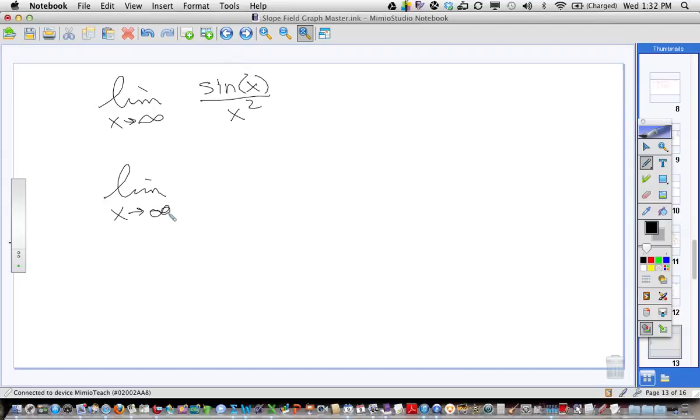What about that one right there? You can't just do something with powers, right? And there's no algebra that we could do to simplify that, right? We can't talk about high powers dominating or anything like that. So this is where you just have to think your way through it.